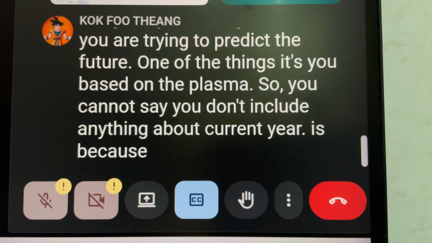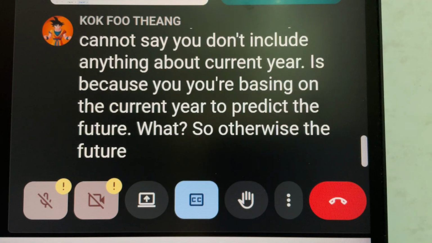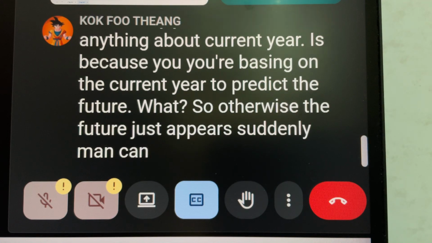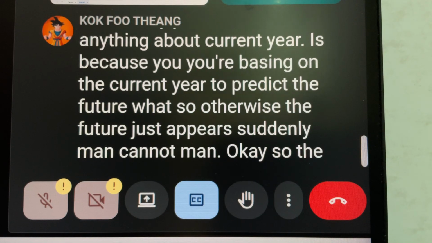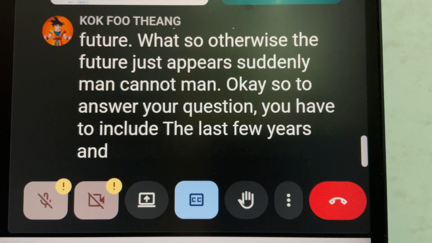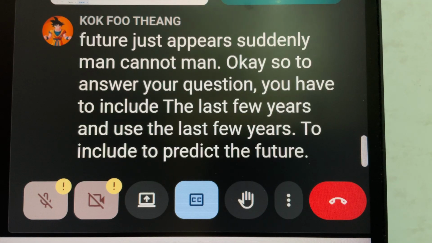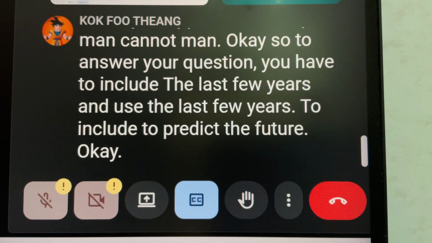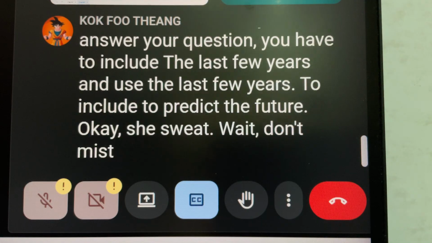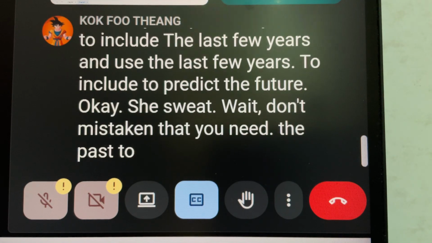You are basing on the current year to predict the future. Otherwise the future just appears suddenly, cannot. So you have to include the last few years and use them to predict the future. Don't mistake that. You need the past to predict the future.